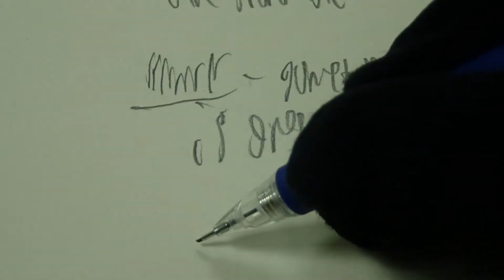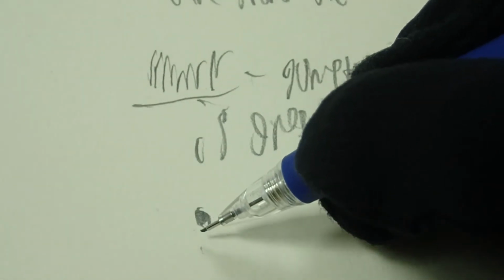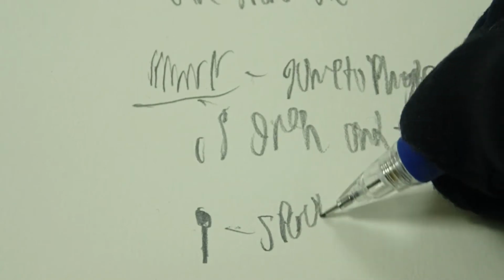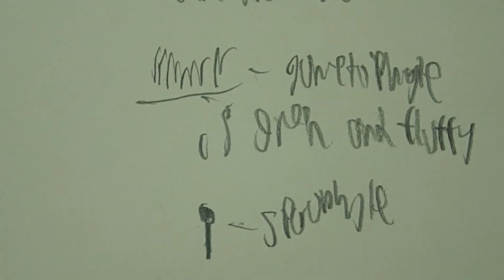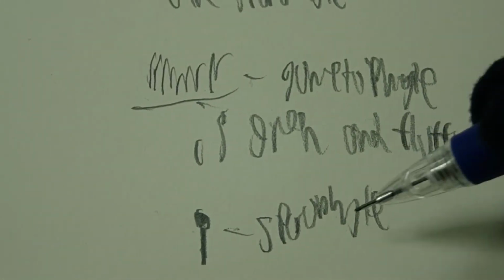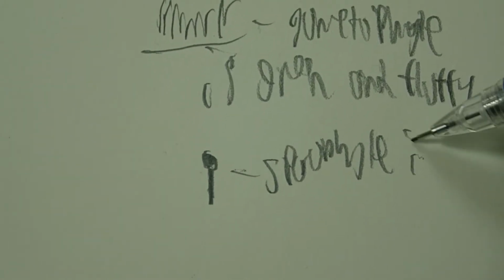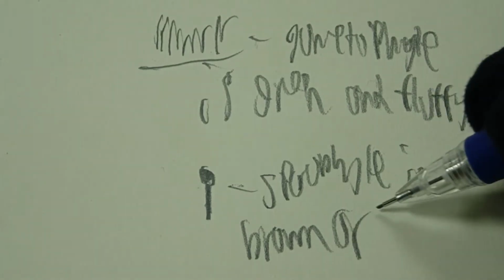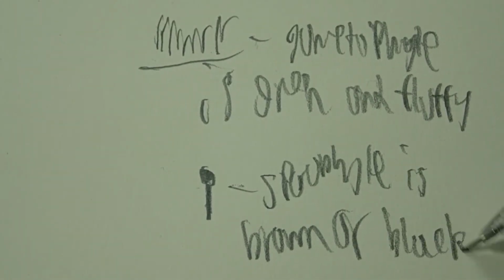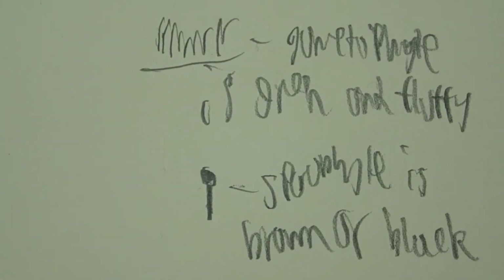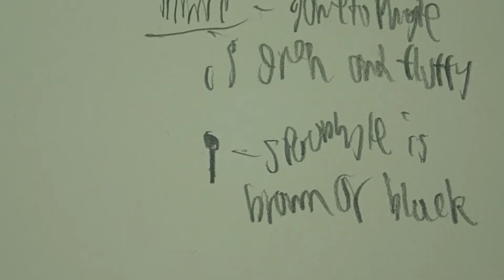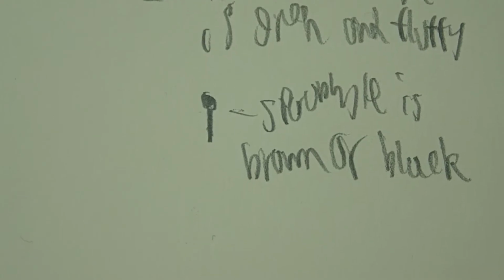In this group of plants, the sporophyte is usually fairly small and on a stick. The sporophyte is not green. Sporophyte is brown or black. And it depends upon the gametophyte for food. So this is called a gametophyte dominant plant.